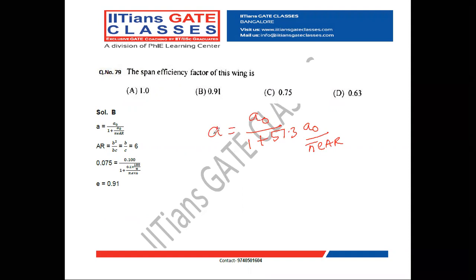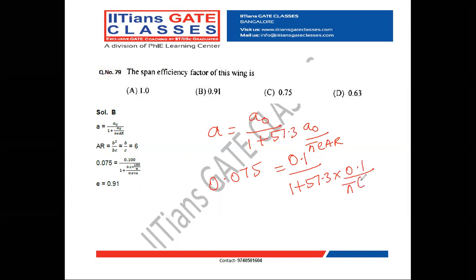We already know the lift curve slope of the wing we have calculated, that is equal to 0.075 per degree, which is equal to the lift curve slope for the airfoil, also given, that is 0.1 per degree, divided by 1 plus 57.3 into 0.1 divided by 5 ER. We have to calculate the Oswald efficiency factor. Since then we have to calculate the aspect ratio.